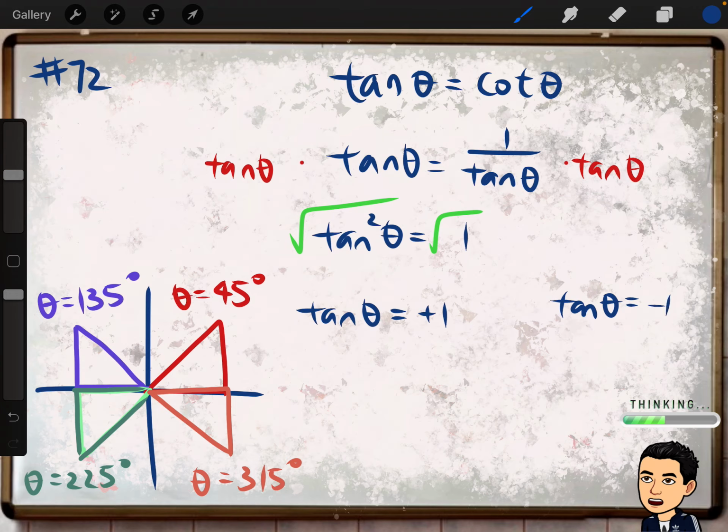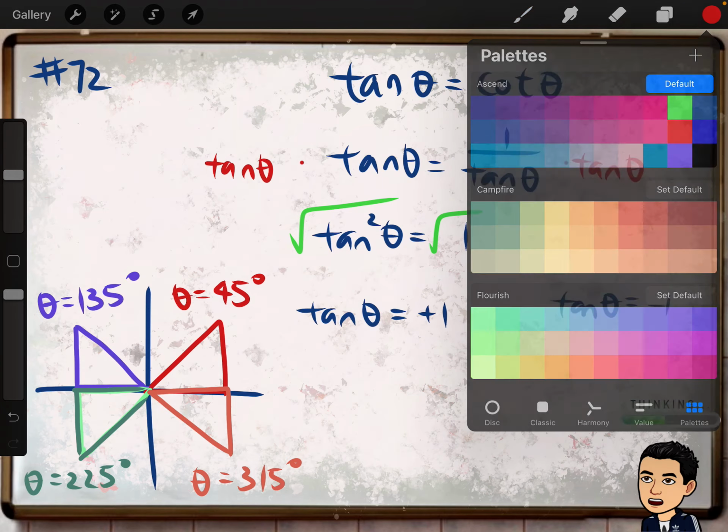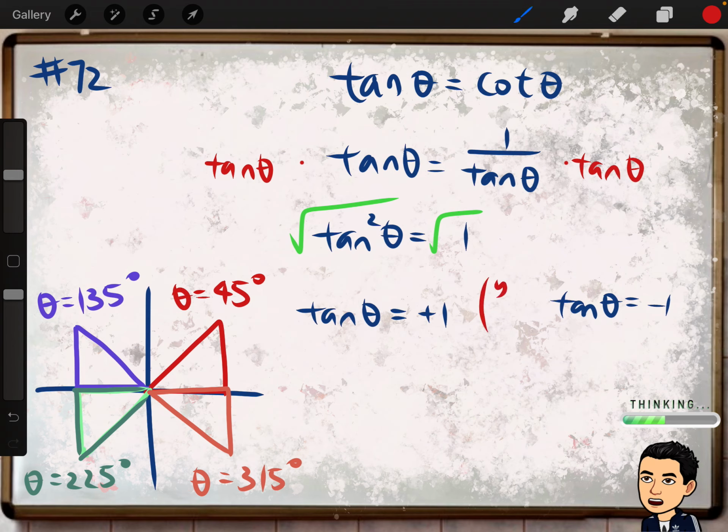We know that tangent is basically y over x, right? For the positive, you're going to get the one in quadrant 1 and quadrant 3. The one in quadrant 1 is 45 degrees, so you write pi over 4.